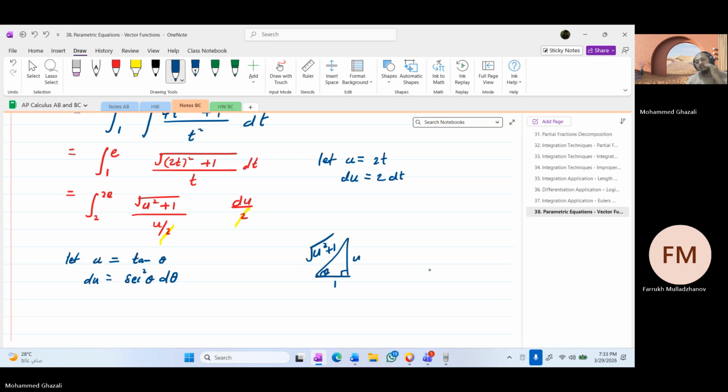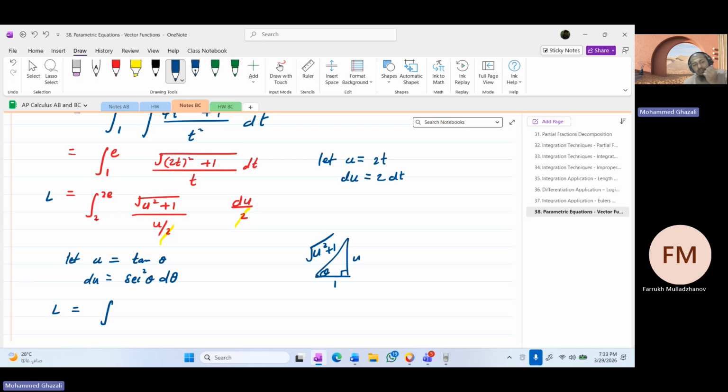Make sense? Now, the integral here, that is the arc length integral, all right, transforms into, should we change these limits, 2 and 2e?